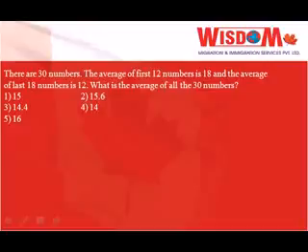So by doing it through the weighted average method, see, I have these 30 numbers here, and their average is what I have to find out, and the average of first 12 numbers is 18. Since the average of 12 numbers is 18, their sum would be 12 times 18.